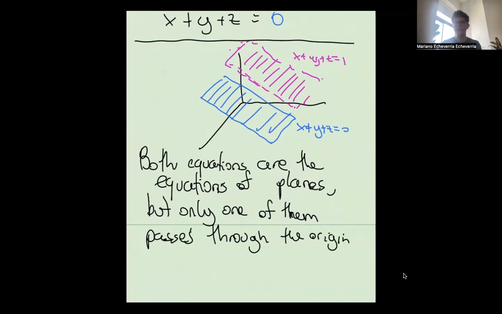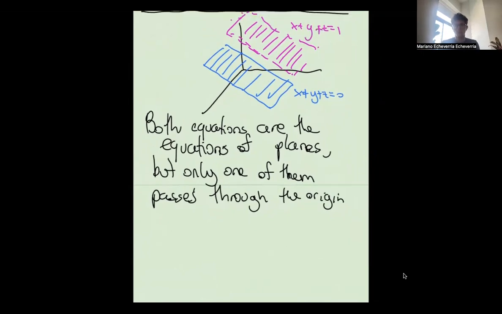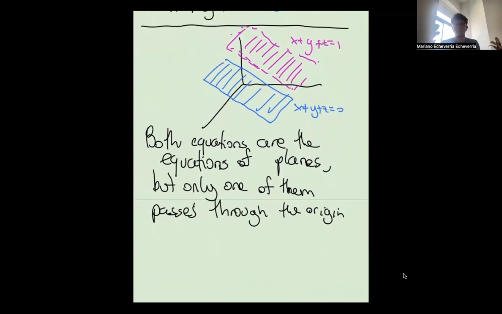Is that making sense? The origin being the vector 0, 0, 0.